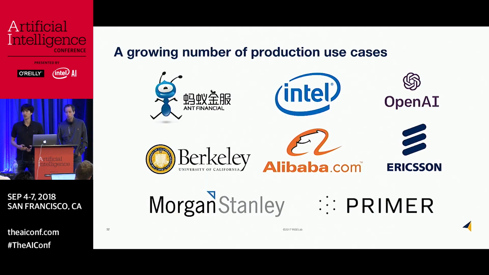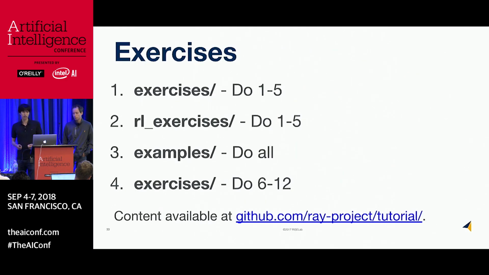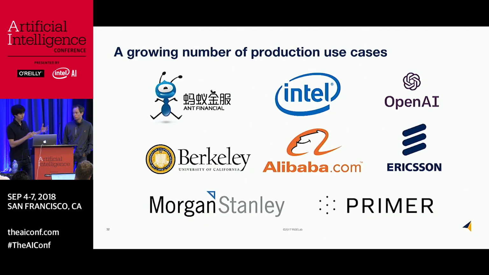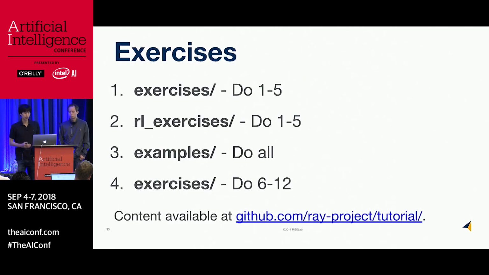They contributed support for Java as well as a lot of other things. So that's what I want to say about the community. Our goal is to grow it as an open source project and to ideally make it useful for many, many use cases.